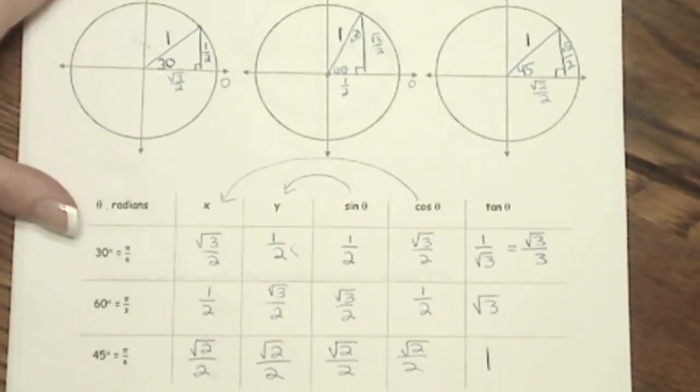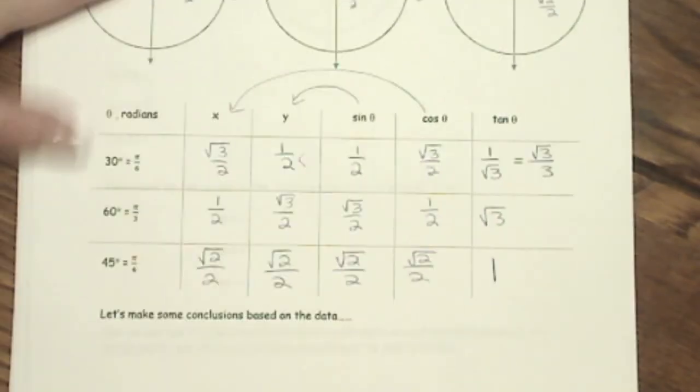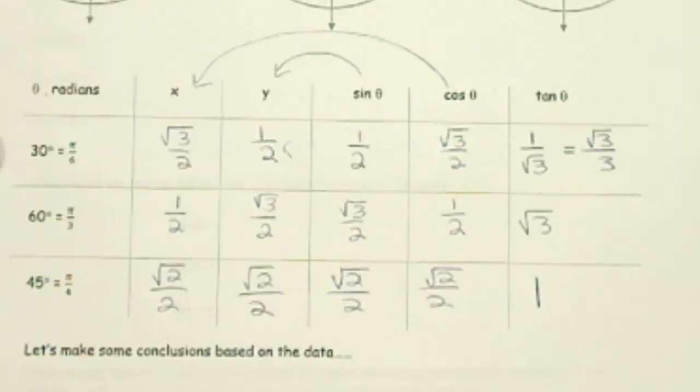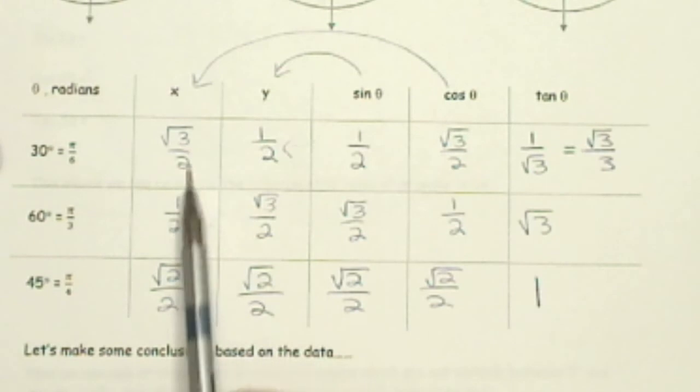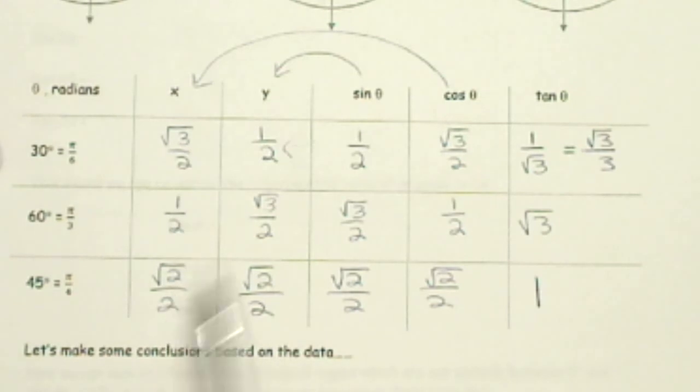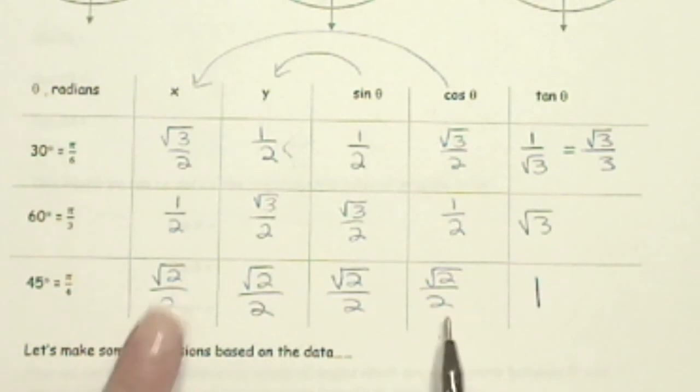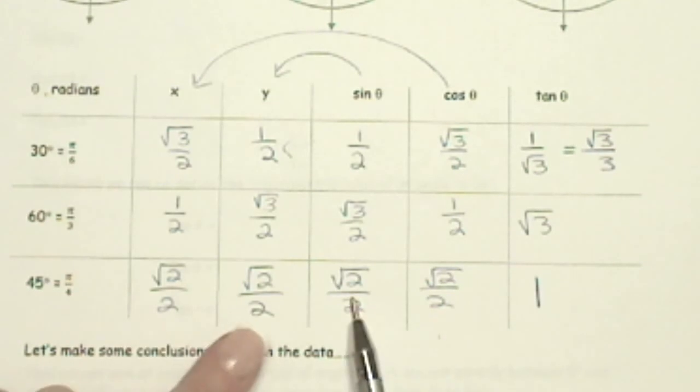So if we look at these values and make some conclusions based on the data, we should be able to pick out a pattern: the x coordinate is always going to be the cosine of the angle. These two columns are the same. And the y coordinate is always the sine of the angle. These two columns are the same.